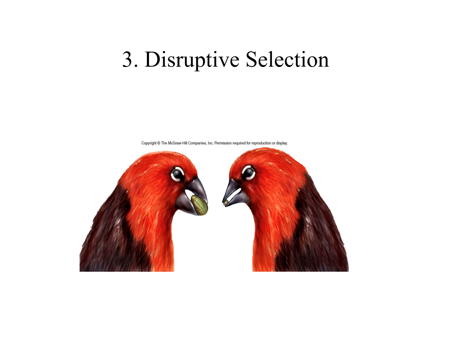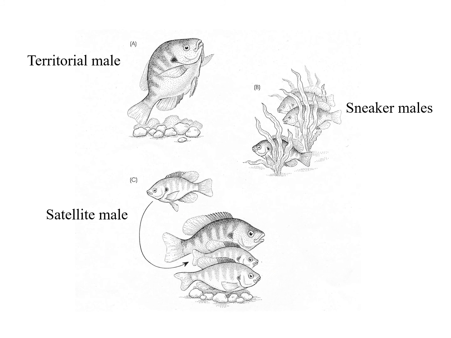So as a result of disruptive selection, we get the evolution of dimorphisms. A dimorphism is the term we use for when there are two forms or two phenotypes in a population. That previous image showed two birds, one with a big beak, one with a small beak. That's a dimorphism.